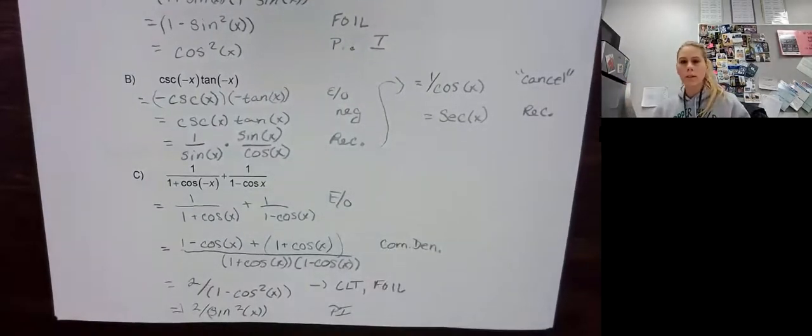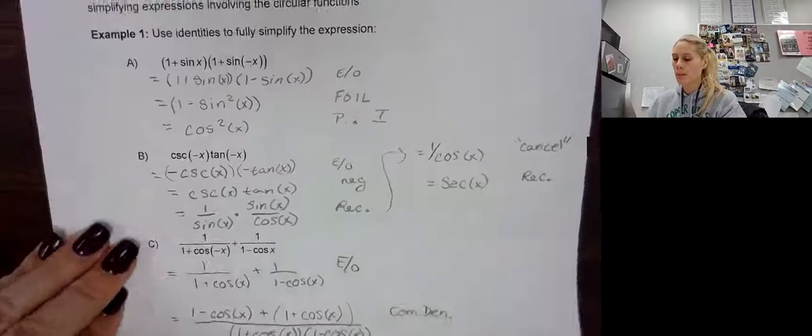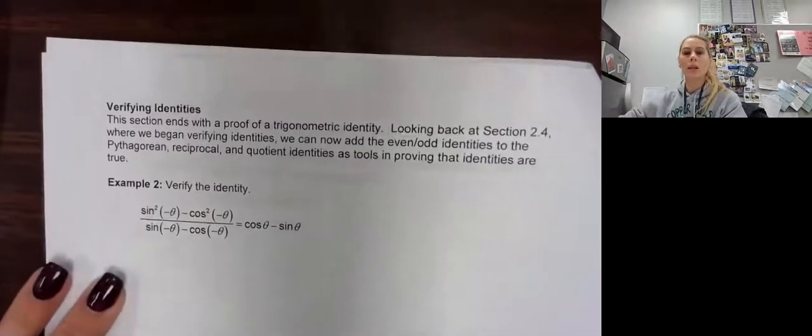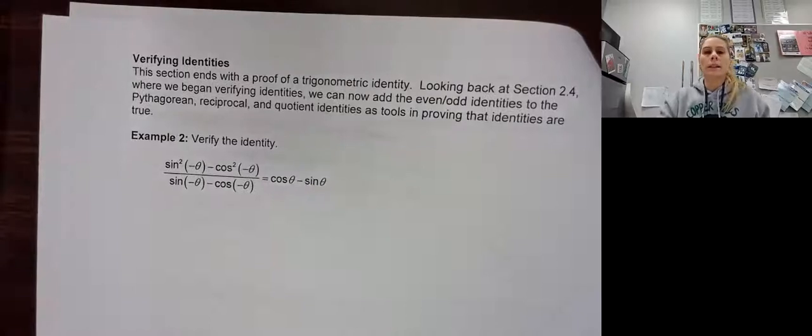Okay, now could we go further with this if we wanted to? Yeah, we could do a reciprocal there. We could do whatever we want. It depends on how far we're supposed to be going, because that helps us with the next one, which is proving. So we're verifying identities. We're saying one side is equal to the other.